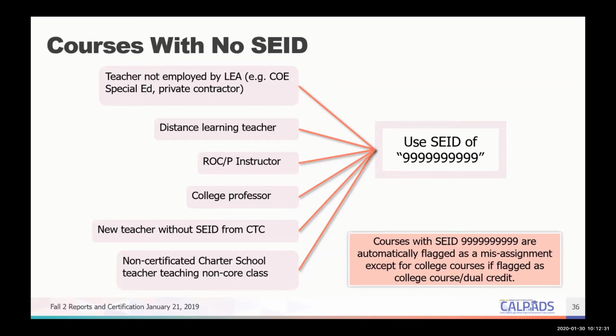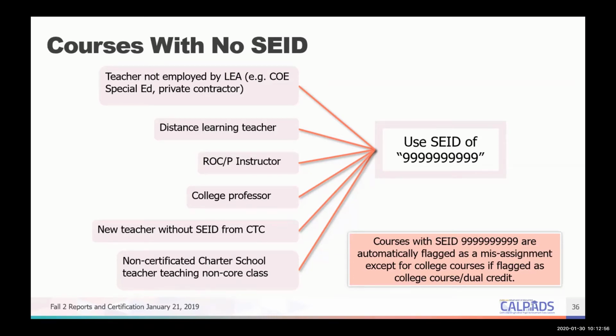Because it's a generic SEID. So that's why it's an automatic misassignment, regardless of whether it's a real scenario. Don't just fudge your information. You always have to report the real setting. You don't have to fudge your information just so you would meet compliance, right?